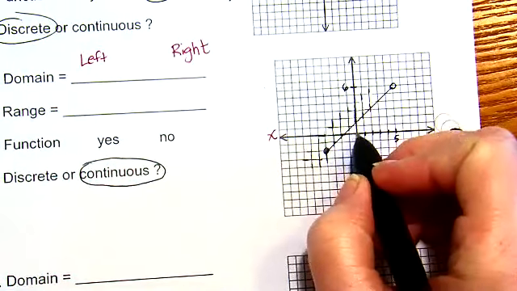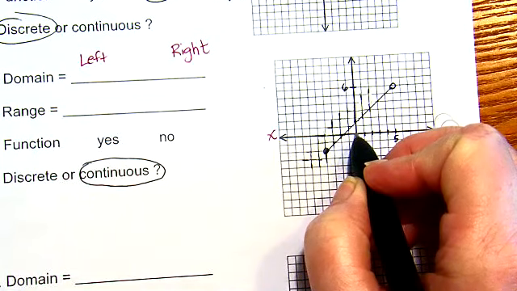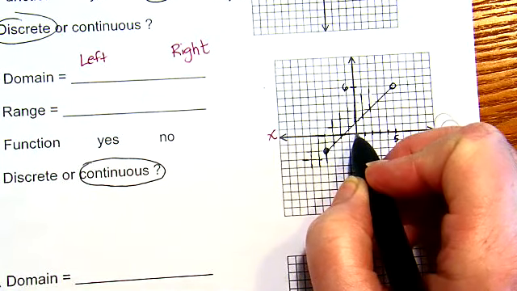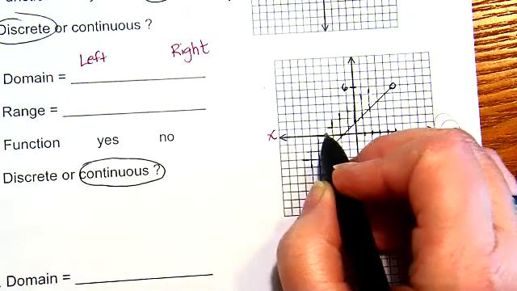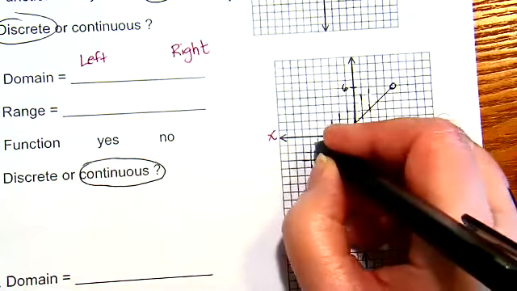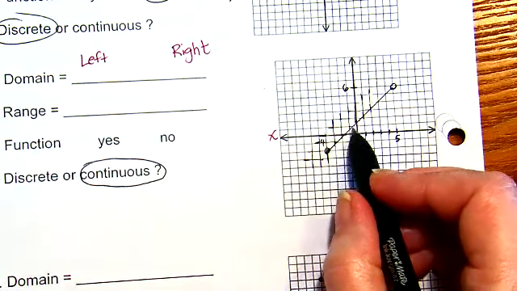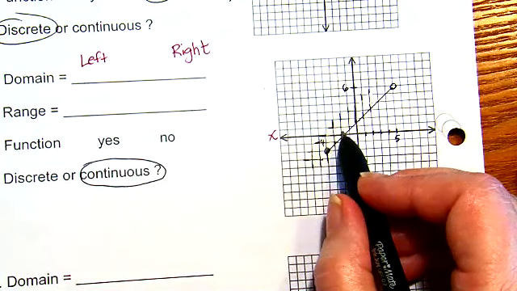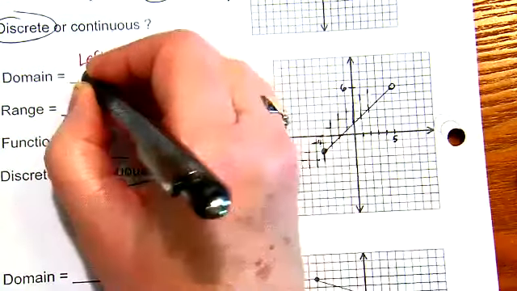Now you start counting from the origin, which is where the two axes intersect, the two lines cross. 1, 2, 3, 4. So this is -4. So you're counting the spaces. 1, 2, 3, 4. So it starts at -4.